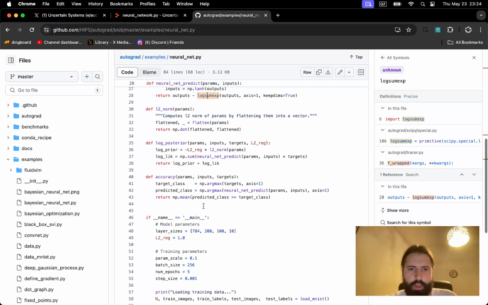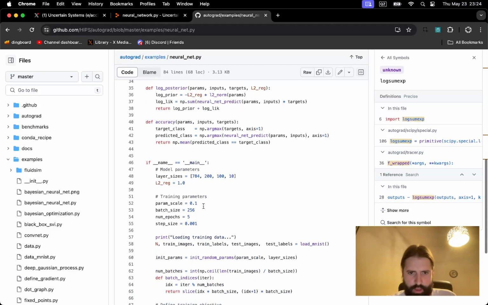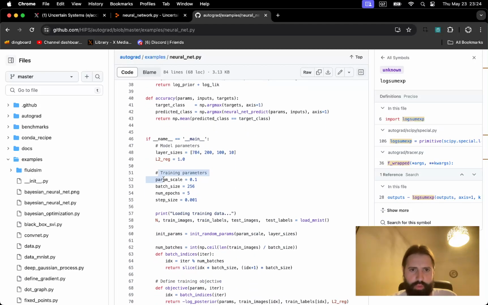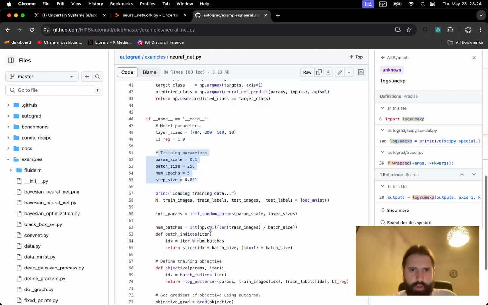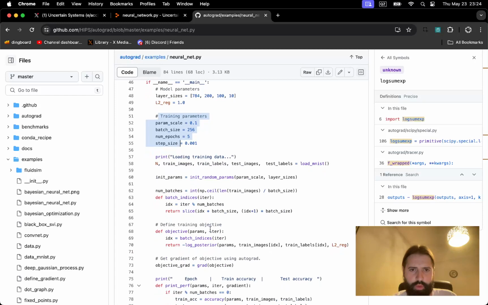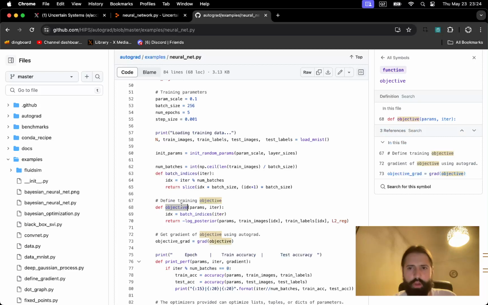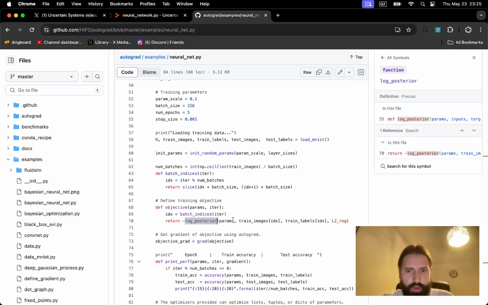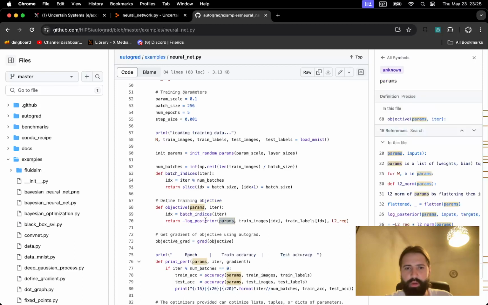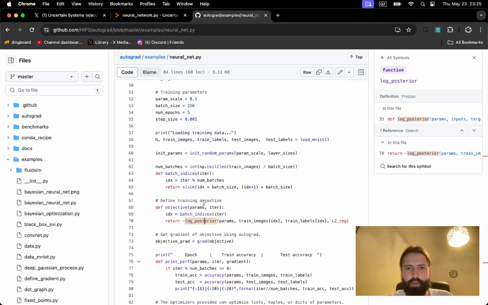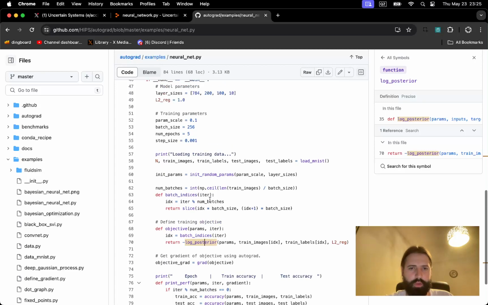Now, you get the training parameters, you do random initialization. You see the objective function takes the parameters and it's the log posterior of these parameters, train images, train labels. I guess this is the real distribution stuff.